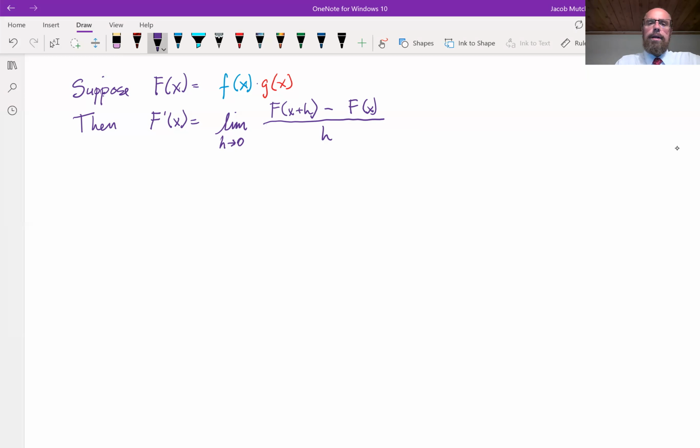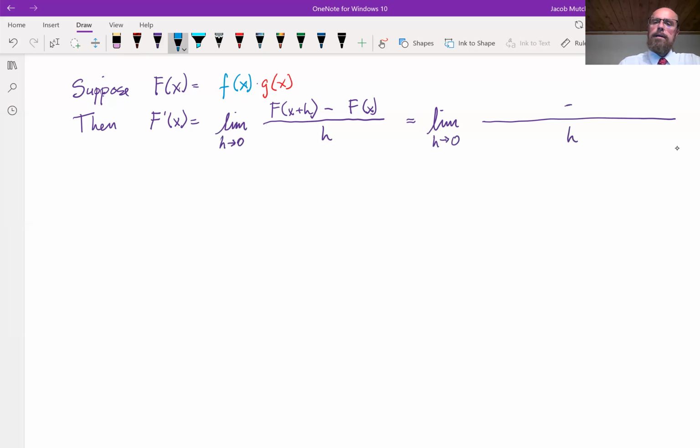Well, right away, I can see that this is something I can substitute in my two small functions. So this is equivalent to the limit as h approaches 0. Go ahead and draw the fraction over h, but I want to substitute in these smaller functions.